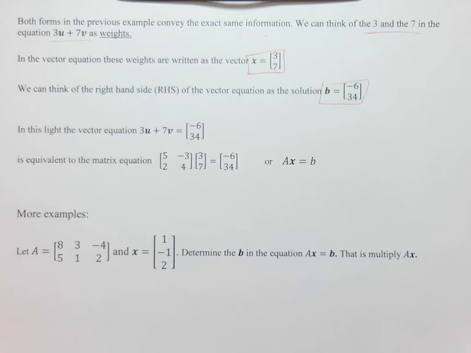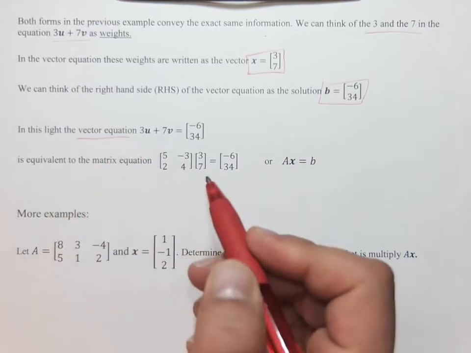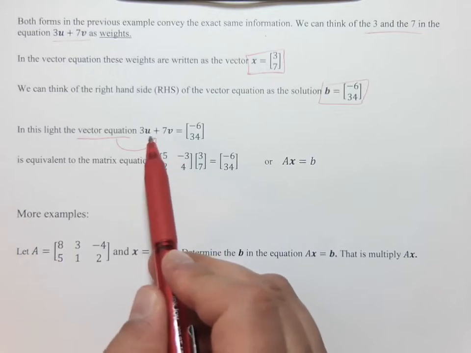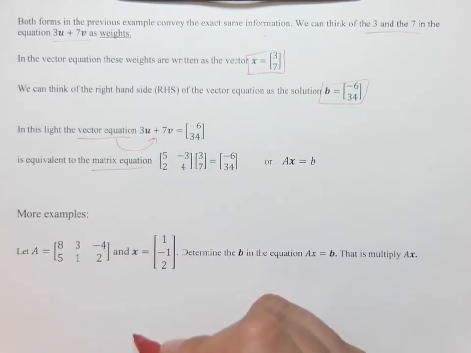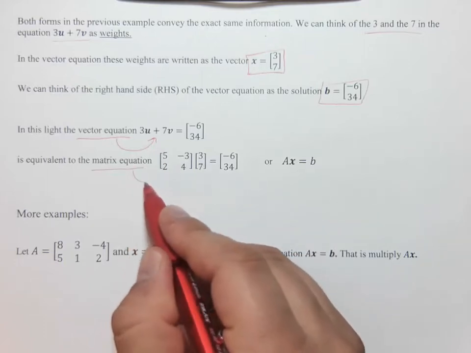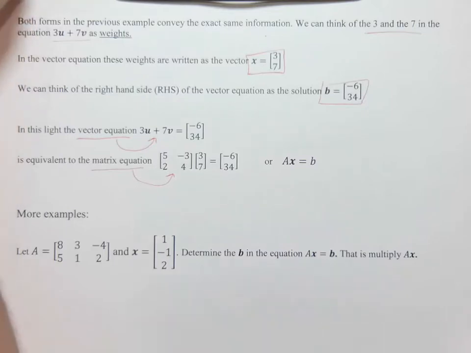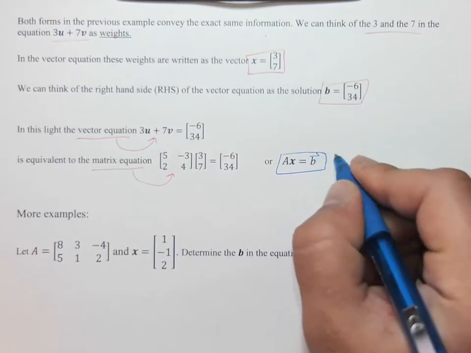This is just summarizing what we wrote out on the last page. The vector version of that equation looks like this because we're adding linear combinations of vectors, and then the exact same thing could be rephrased as a matrix equation, which would look like this. And this thing right here, AX equals B, this should really be a vector here.